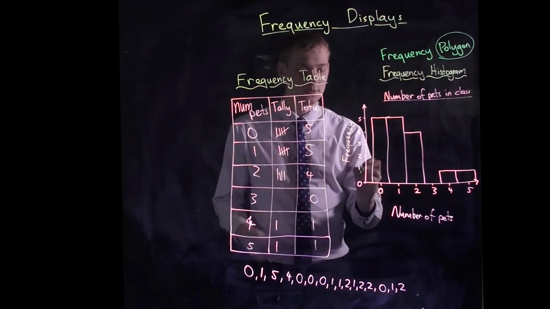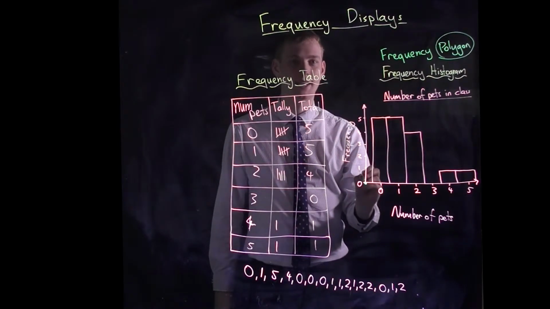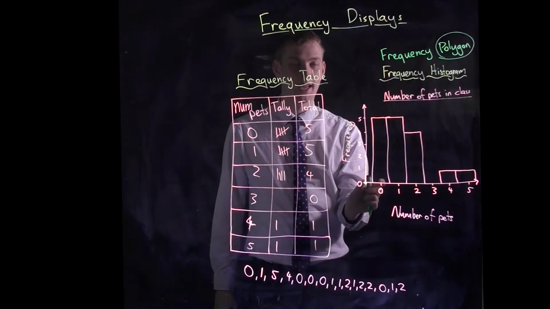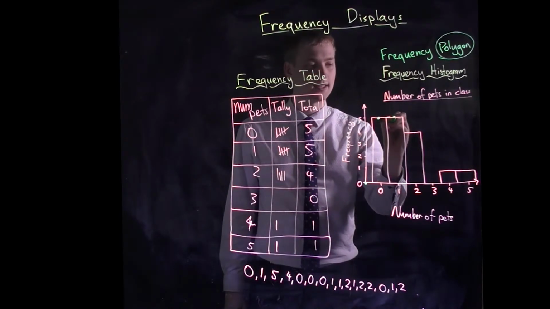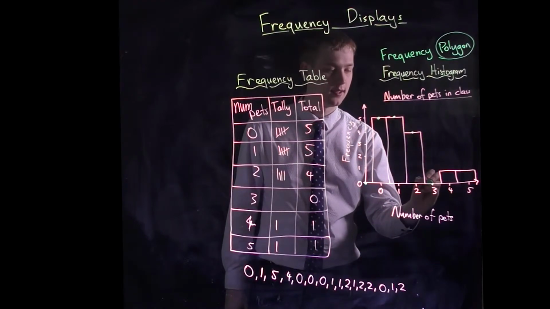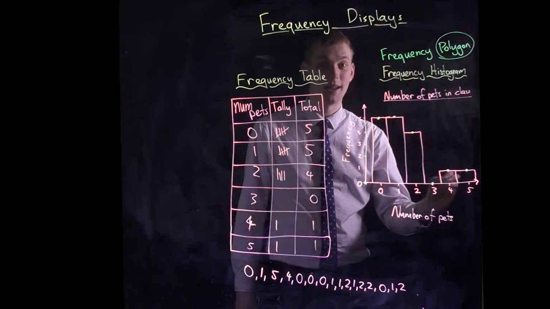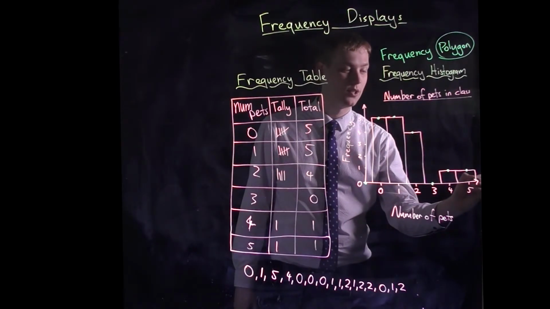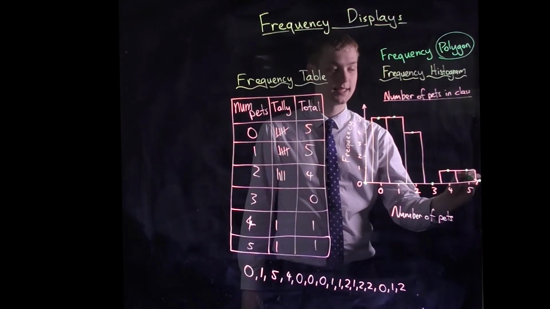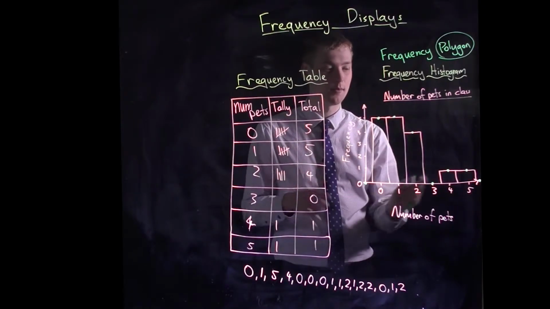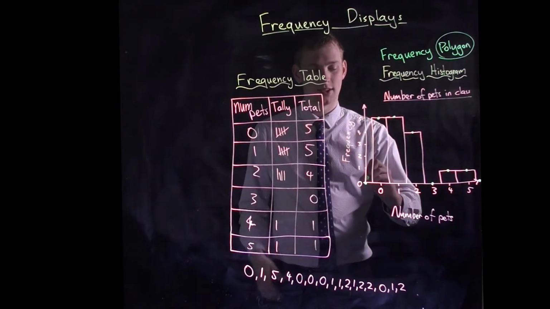So what we're doing is we're going to go, starting at this point here, we always start at the bottom. We should always have a gap before we get to our first value. We're going to put a dot in the middle of each of our columns. So this is essentially where the number here adds up to. And our graph for our polygon should go along to 6, and I'm going to put a little dot there for 6. In this case it's a bit squished, but when we're drawing it properly we need to make sure we have that there. Now we just need to join our dots.